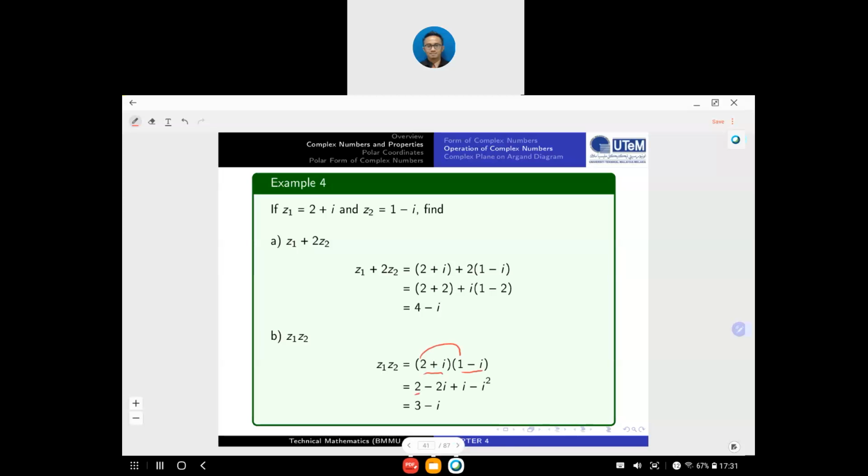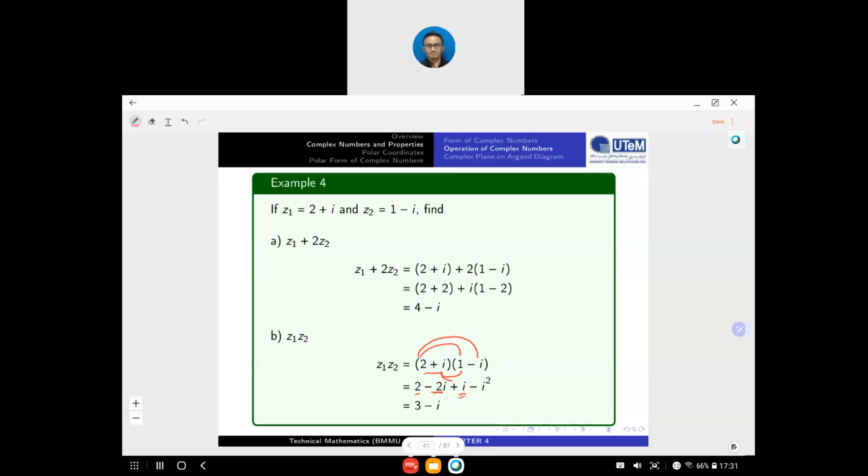Okay, for the product, multiply as usual. So a times c, a times d, and then b times c, b times d. Okay, when bi times di equals bdi squared. That's why when you solve bdi squared, you will get a negative.